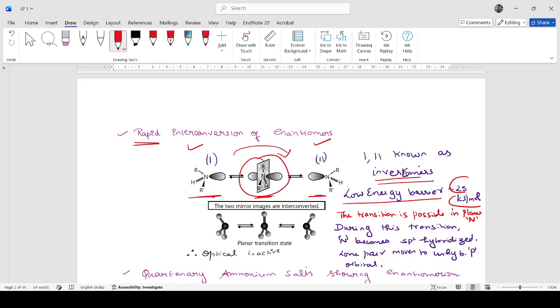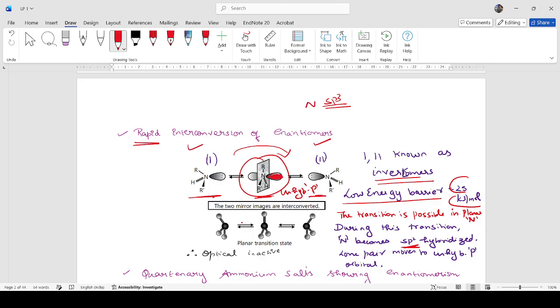All right. What else? As we mentioned, this nitrogen is sp3 hybridized. When it is doing this transition, the nitrogen becomes sp2 hybridized. How is that possible? This lone pair goes to an unhybridized p orbital. I guess you know very well that hybridization itself is a hypothetical concept; there is no evidence at all, it is an assumption.